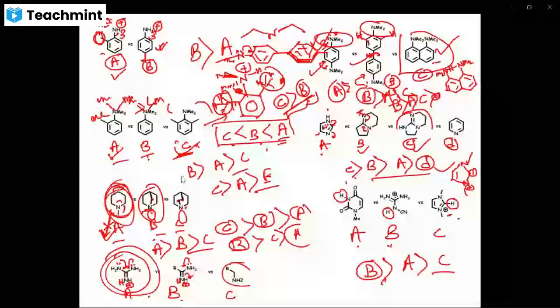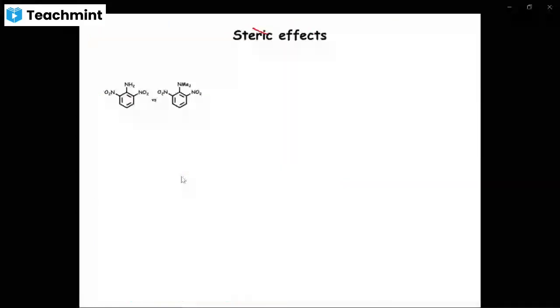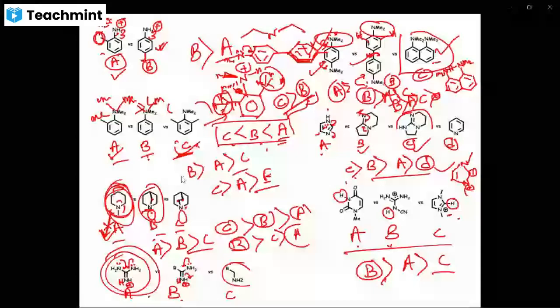Now here nothing to say more actually. So B is most acidic, then A, then C, because C is least acidic. We understand because it is CH bond, and in these cases they are NH bond, right?